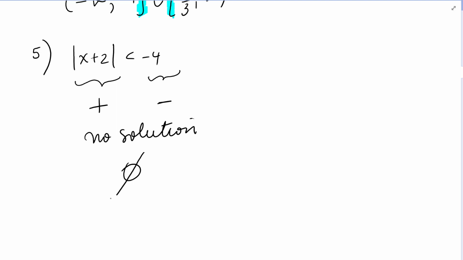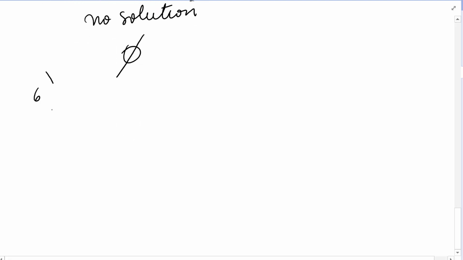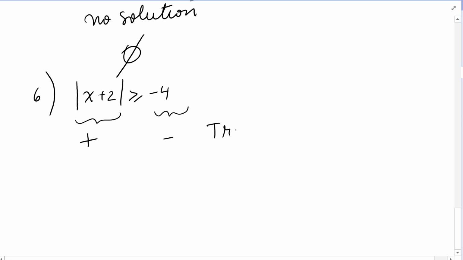All right, and let's do one more. Absolute value of x plus 2 greater than or equal to negative 4. Here we have a positive number greater than a negative number. Well, that's true all the time, right? No matter what number I pick for x, it's always going to produce a number that is greater than negative 4.